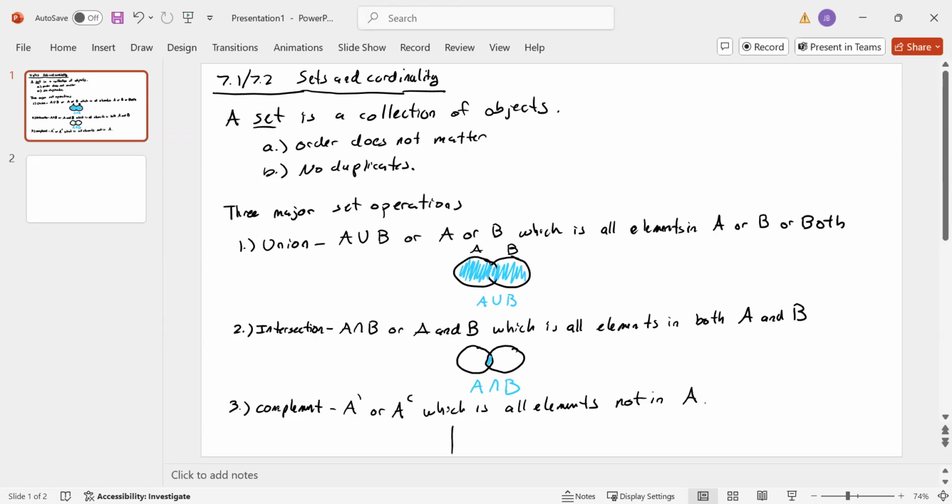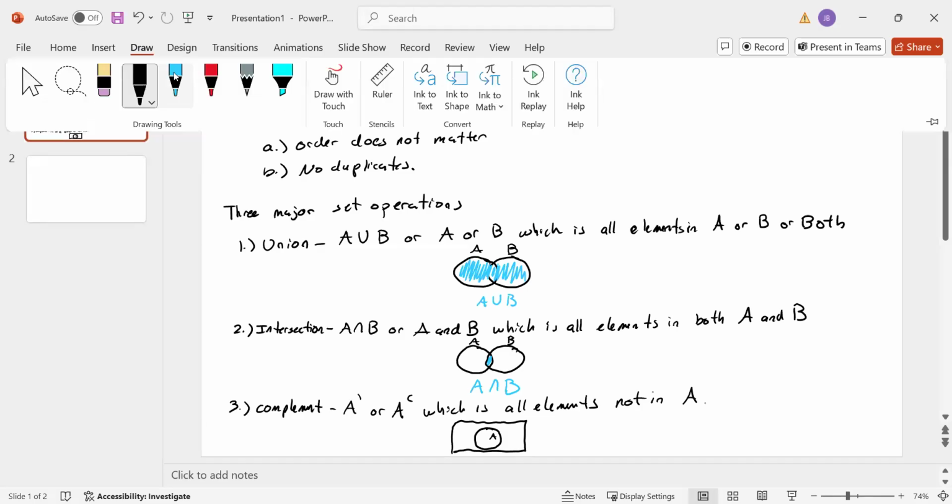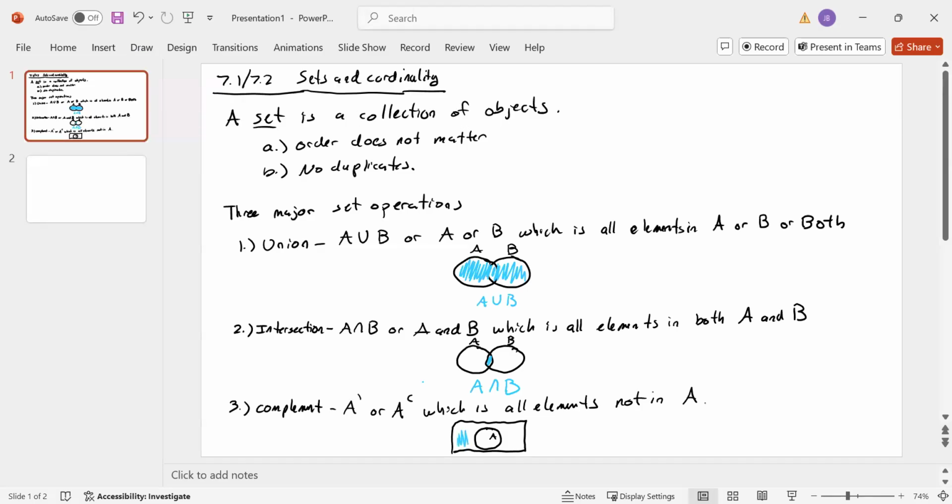So if you draw a little box that represents everything, and then you draw a circle, and this is A, then everything outside of the circle is the complement. Like that. So that's A^C, right? So those are the major three. Do know those because they are important.